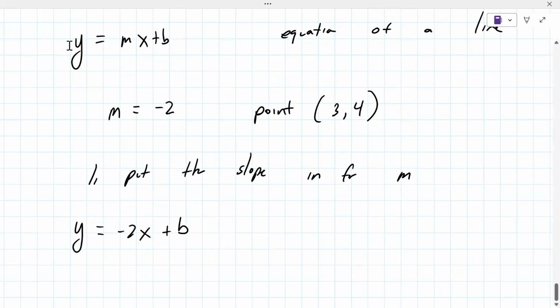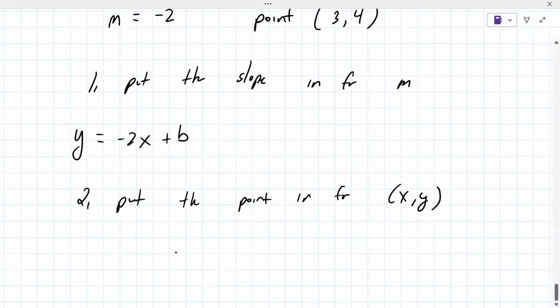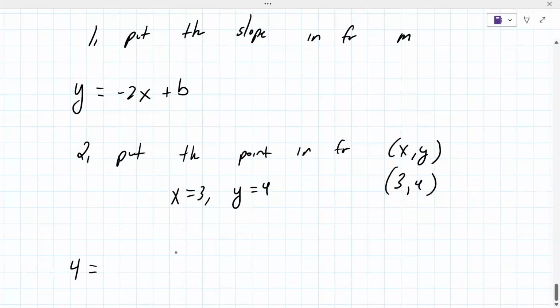There were 4 letters, y, m, x, and b. Now there's just 3. The second thing you do is you put the point in for x and y. In this case, x is 3 and y is 4. So you say, okay, it's 4 equals -2 times 3 plus b.